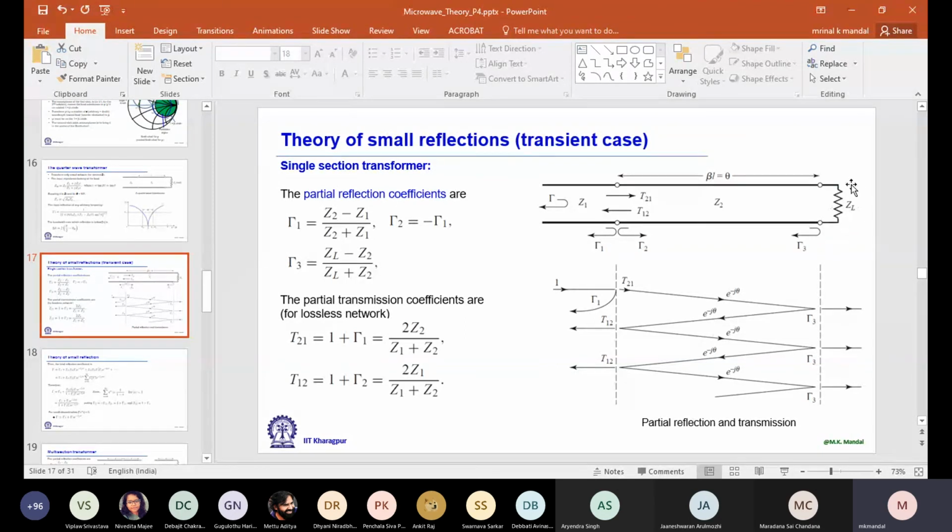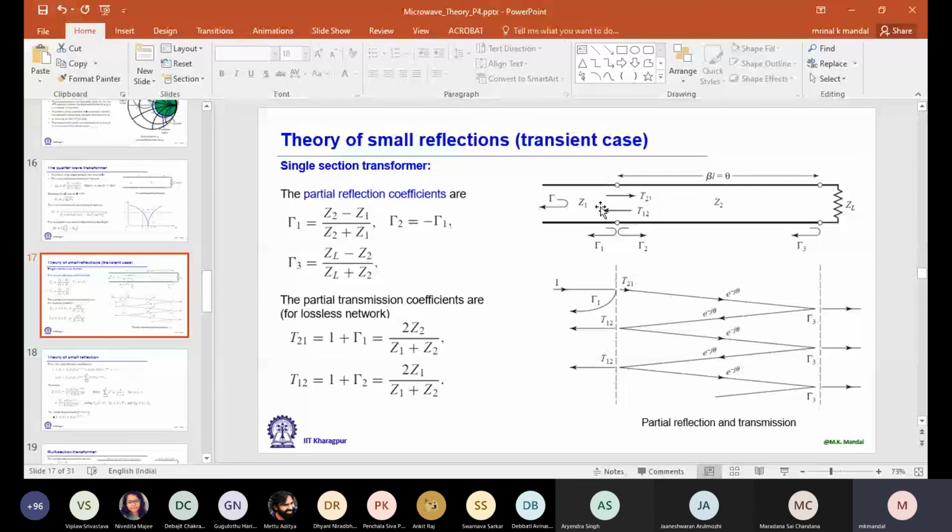So ZL, let's say it's real, and I am using a matching section in between this Z1 and ZL in general. Now, let's say you are connecting one RF source at this point and you just switched it on, and now you are looking at how the pulse is propagating. So you see, when the pulse reaches this first junction, it still can't sense ZL, right? So everything will be determined by Z2 only.